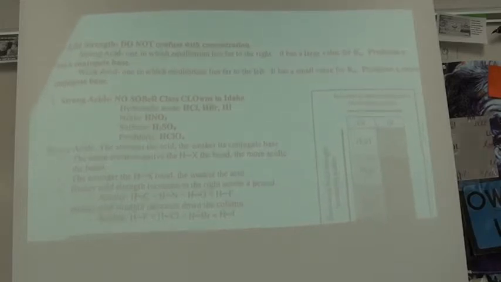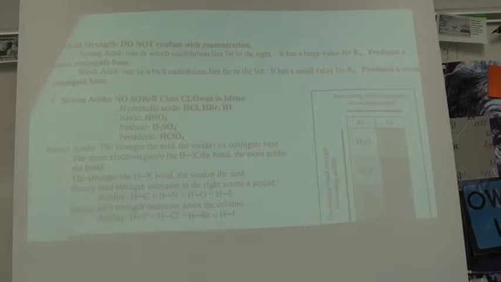Yesterday we spent a lot of time making sure that we did not confuse strength of an acid with concentration. A strong acid is one in which equilibrium lies far to the right. It has such a large value of Ka that it is not published. There is no Ka value for a strong acid.